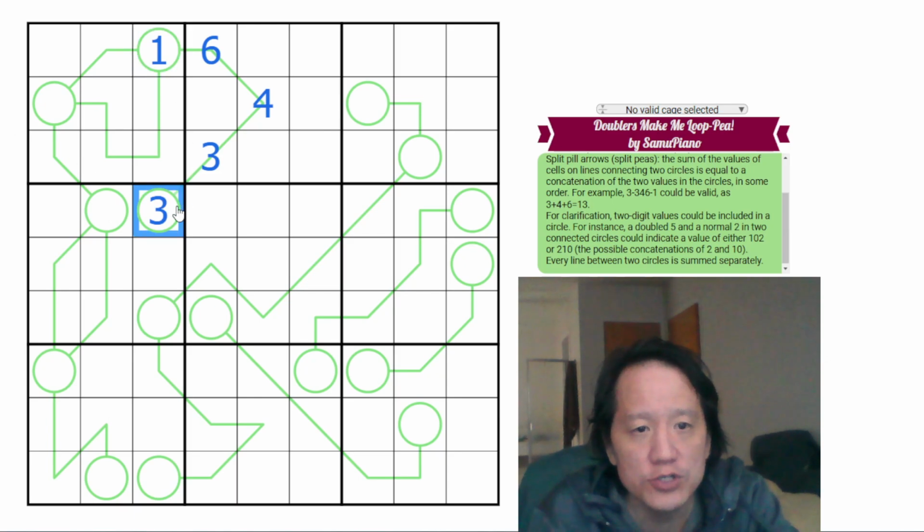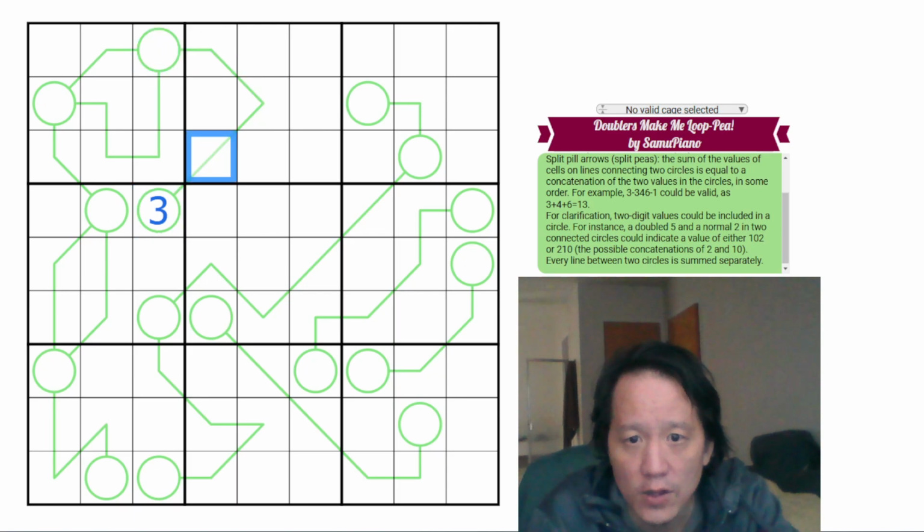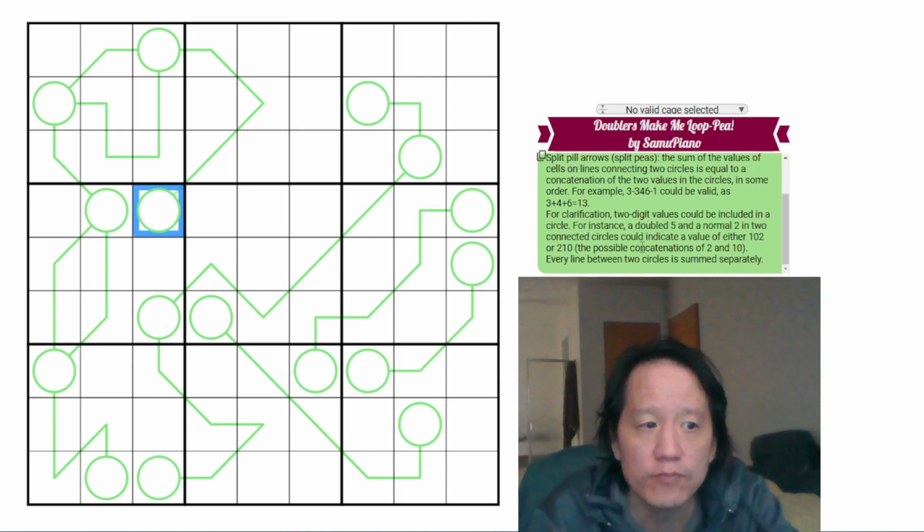So you have a two-digit number which adds up to the other digits on the line, and does not include the endpoints. So that's what the split pea arrow rule is. For clarification, two-digit values could be included in a circle.